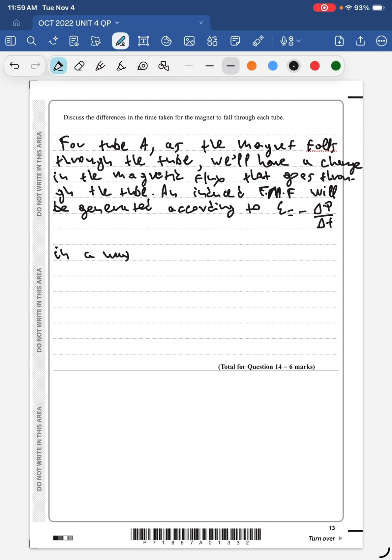This EMF will be generated in a way that counteracts the reason that created it, and the reason that created it is the change in the magnetic flux.